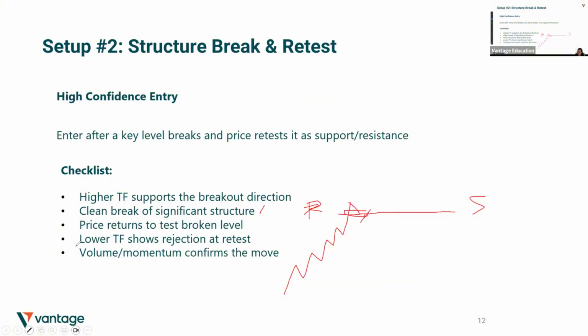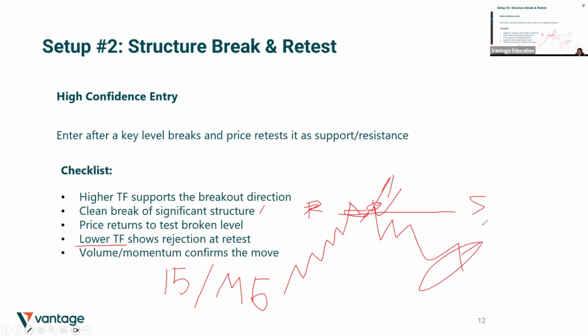You can zoom in to the lower time frame, M15 or M5, to look for the rejection, which I just showed you, and then you can buy. The confirmation, the rejection, will tell you whether price is going to bounce from here, or break below the level and continue bearish. All right.